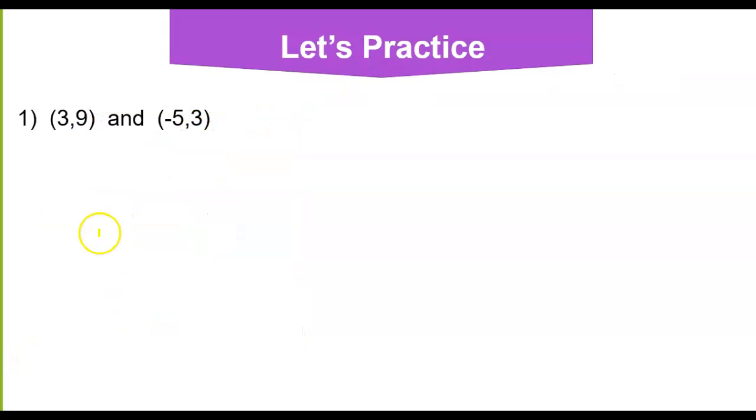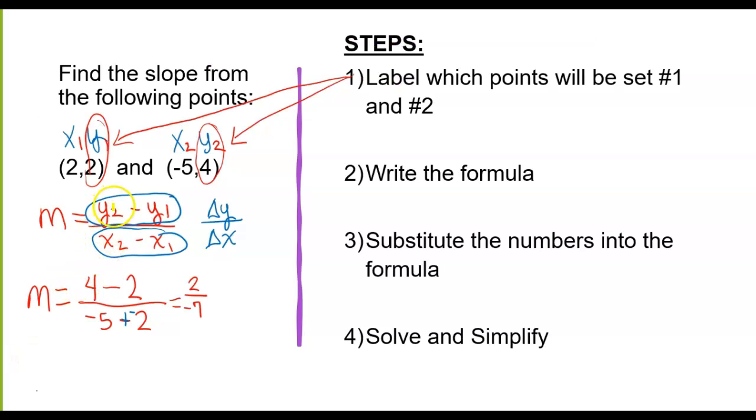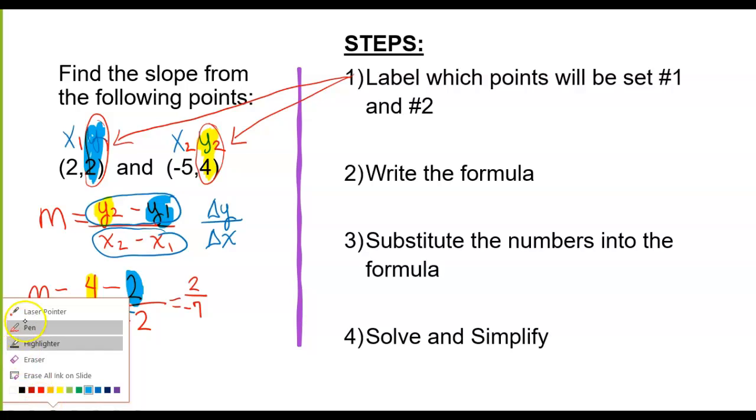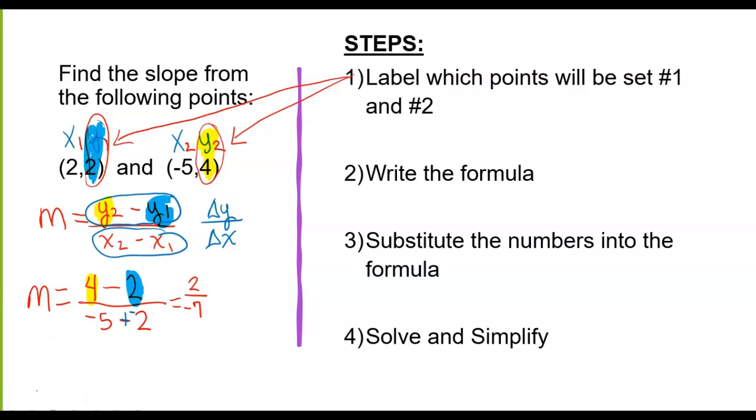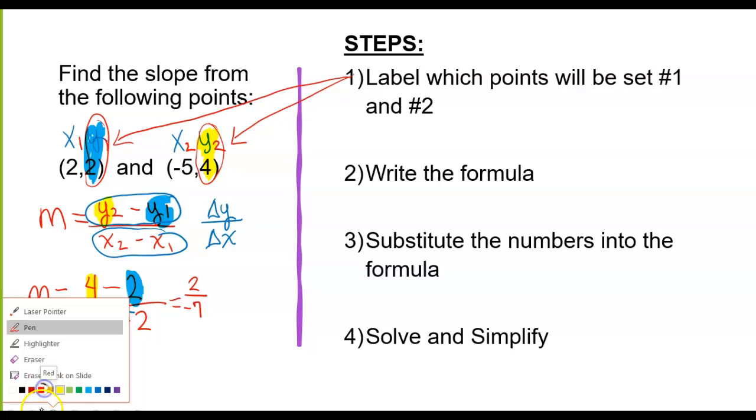My y2 right here, that I got the 4, is from y2 right there. Now, my y1 is highlighted right here, y1, which is my 2. And I subtracted. And then I did the same for the x's. Yes? Does it matter which values are y1 and y2? No, it does not, as long as you're consistent.